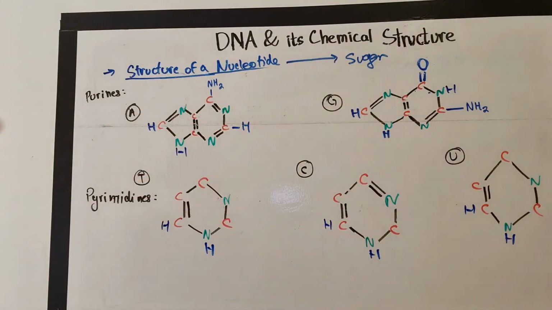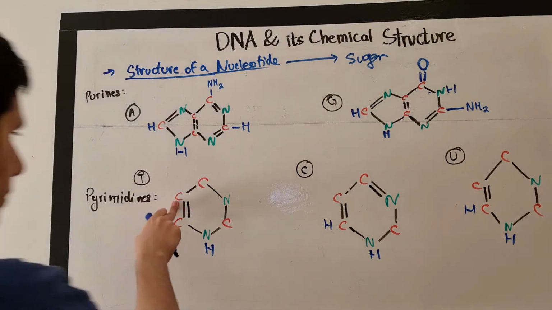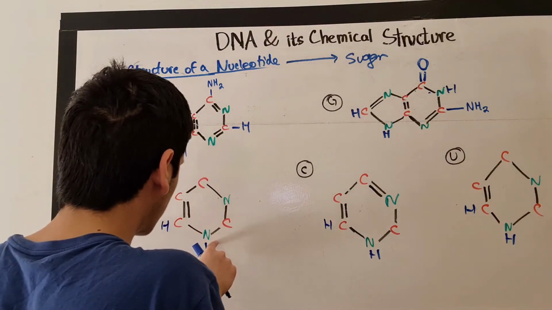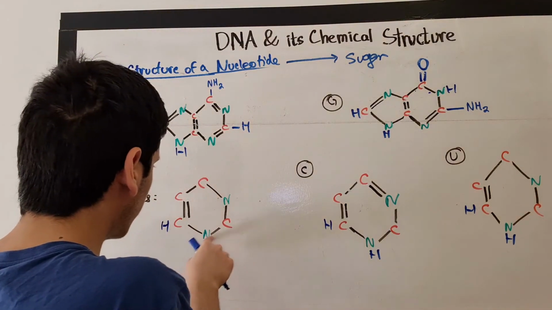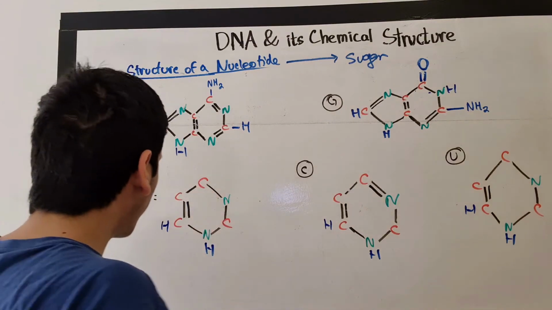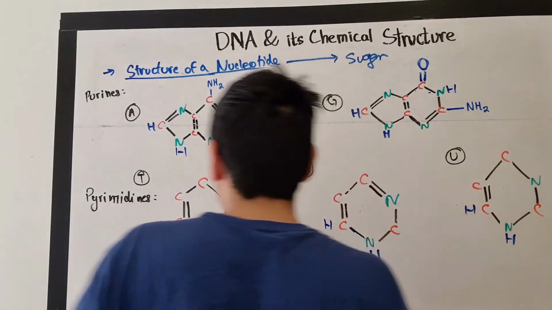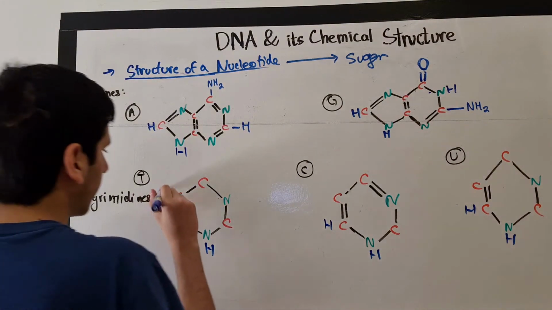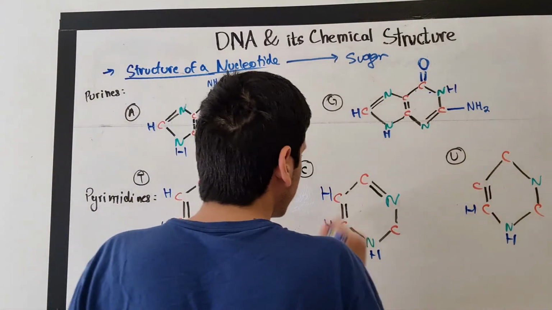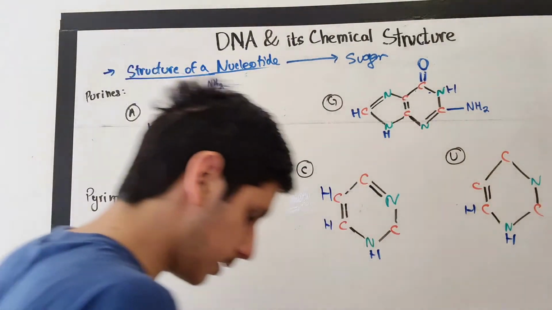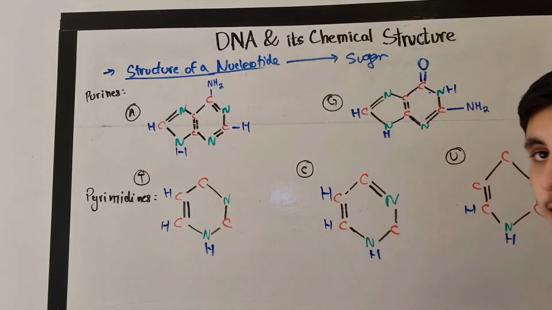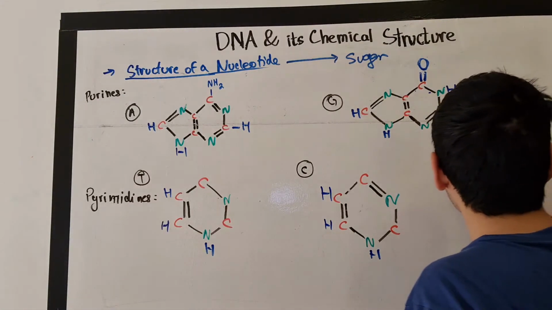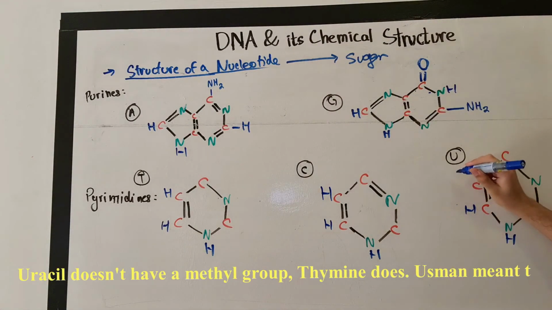So now the carbons in the positions. This is position 1, and we go counterclockwise 1, 2, 3, 4, 5. In position 5 of pyrimidines, there's a big difference. There's a hydrogen here, a hydrogen here, and there is an entire methyl group here. So CH3 actually.